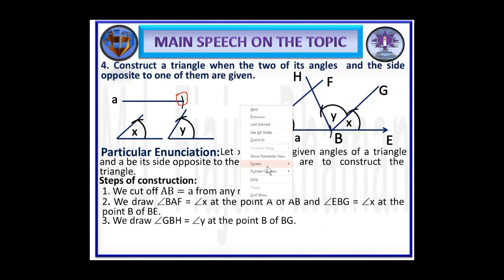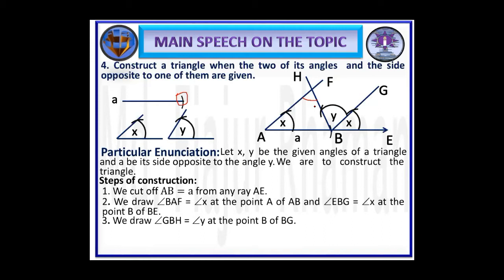Now, this angle is Y as an alternate angle. Since AF and BG are parallel, BH is a transversal. That's why this angle and this angle are alternate angles. Alternate angles are equal.